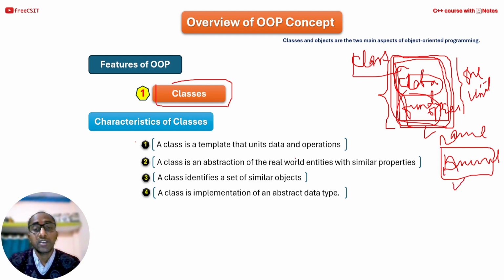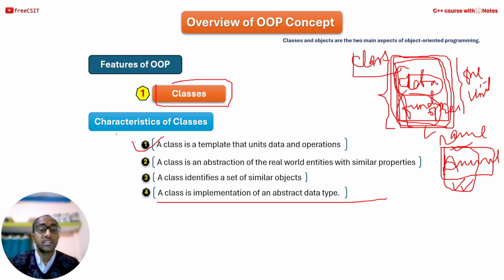We can define what the color, name, size and weight of the animals are. That becomes the attributes and behaviors of the animals. A class identifies a set of similar objects. A class is an implementation of an abstract data type. So this is all about the characteristics of classes: one, two, three, four.